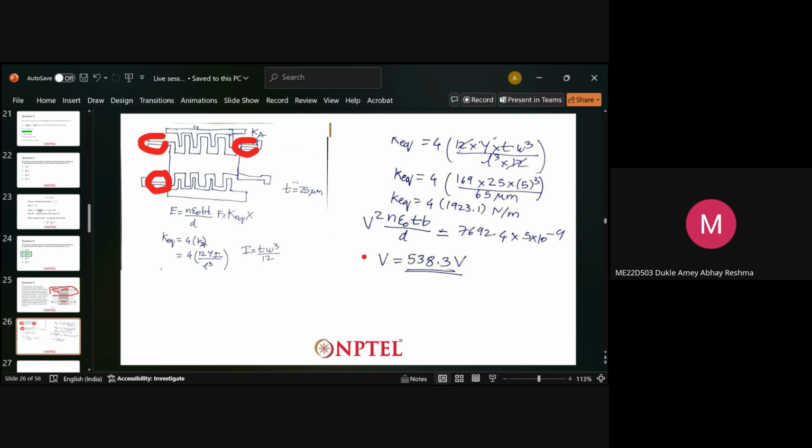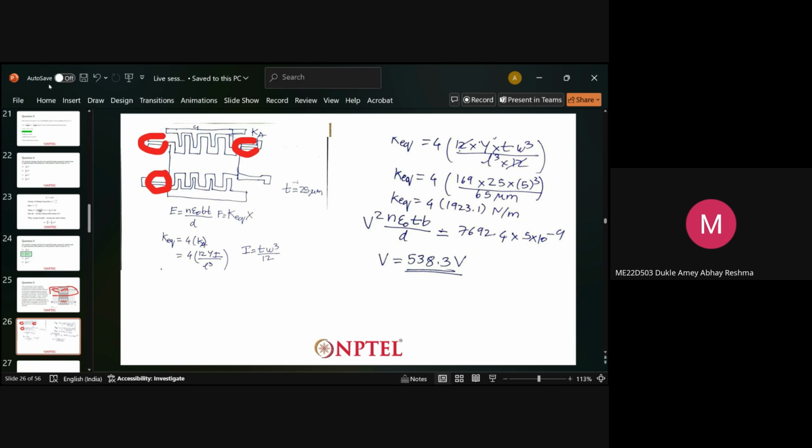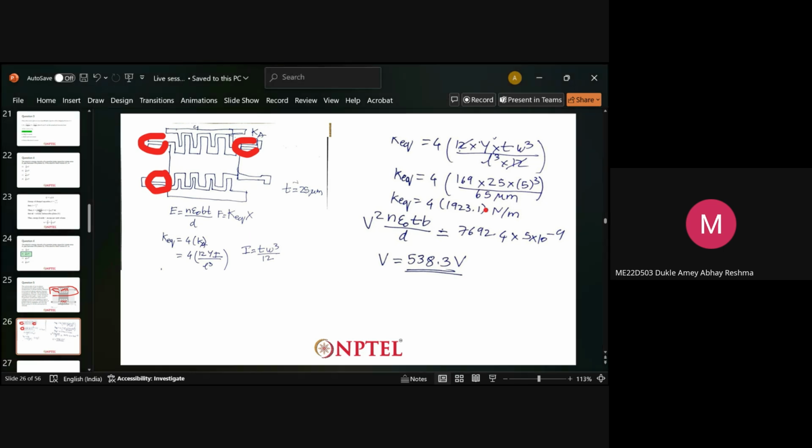T is basically the distance between the two plates, that is 5 micrometer, and d, obviously d is the gap between the two.